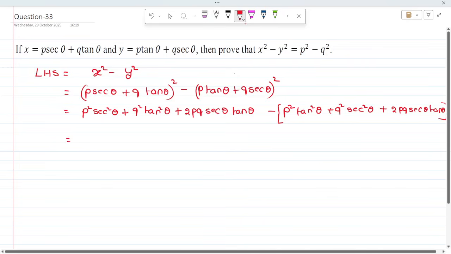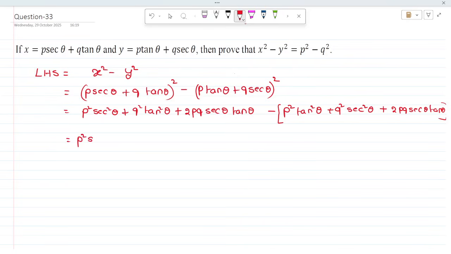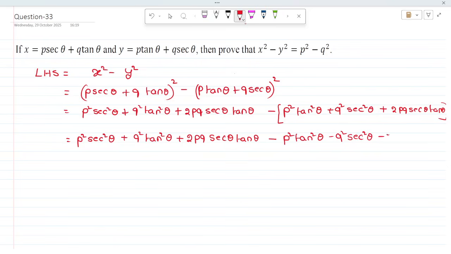Now rewrite properly. P square secant square theta plus q square tan square theta plus 2pq secant theta tan theta, minus p square tan square theta minus q square secant square theta minus 2pq secant theta tan theta.